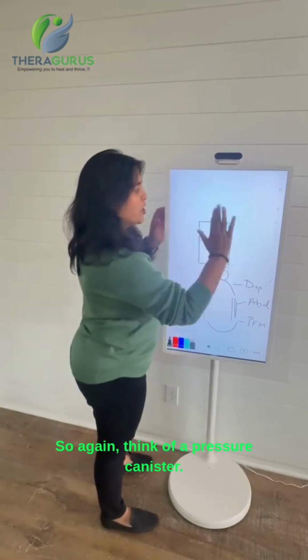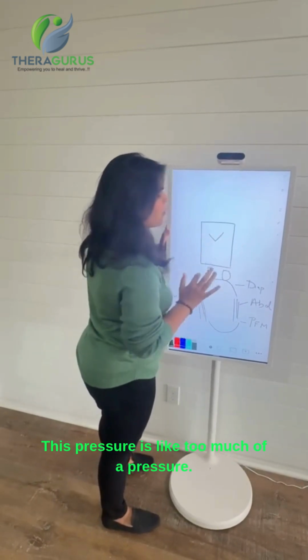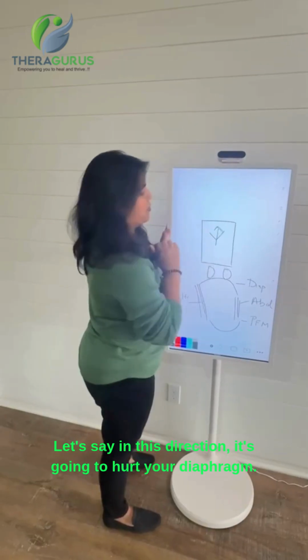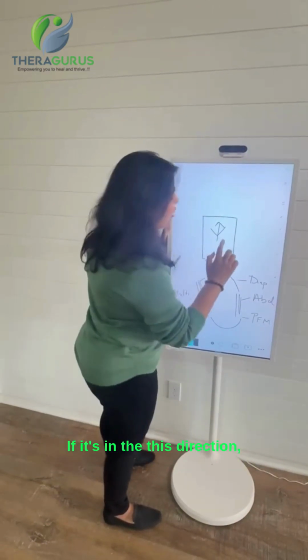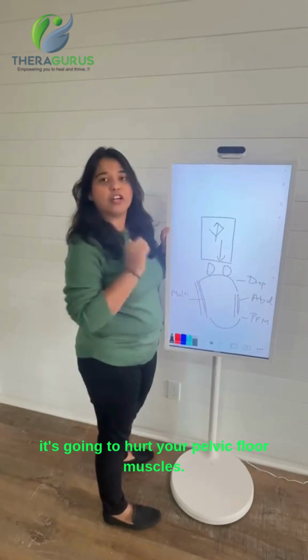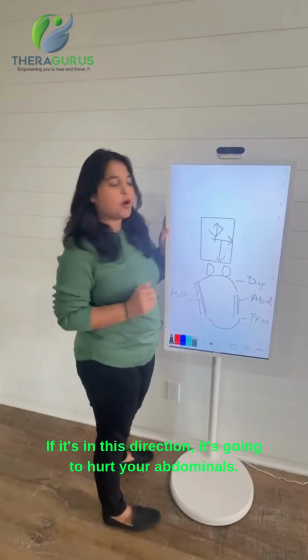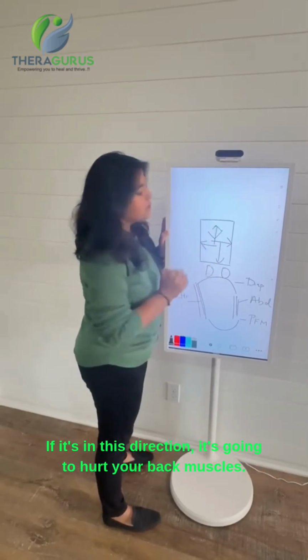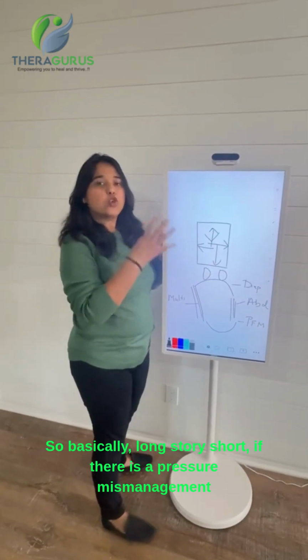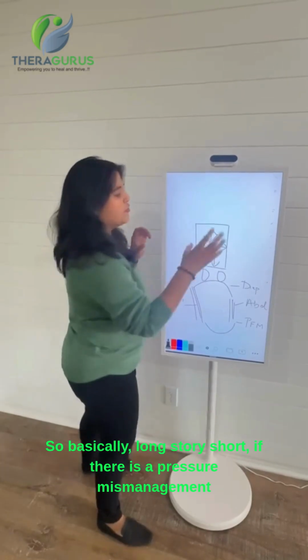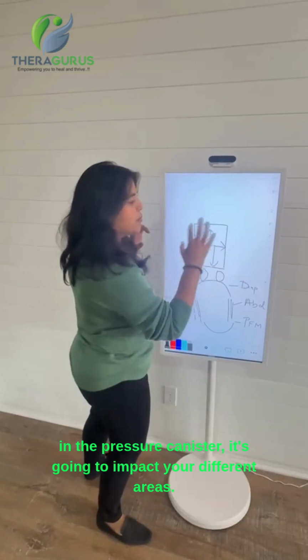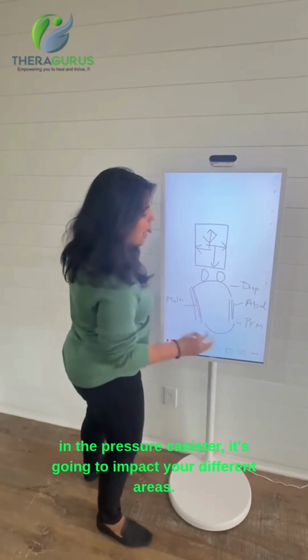If there is too much pressure in this direction, it's going to hurt your diaphragm. If it's in this direction, it's going to hurt your pelvic floor muscles. If it's in this direction, it's going to hurt your abdominals. If it's in this direction, it's going to hurt your back muscles. So basically, long story short, if there is pressure mismanagement in the pressure canister, it's going to impact different areas.